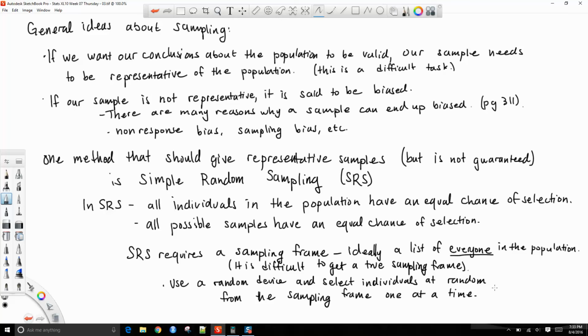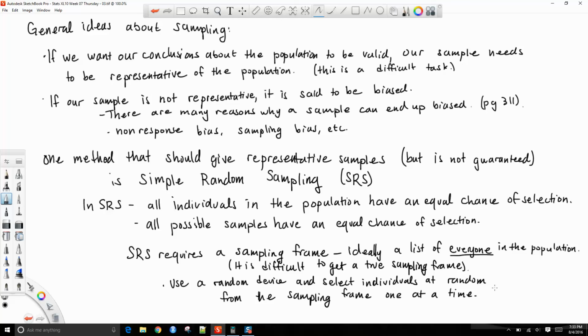If you got 20 mice in a cage, it's very easy. You just number them 1 through 20. It might be a lot of work labeling them, but you can get a list. That's your sampling frame. And then you use some kind of random computer or random digits to select numbers from that list.